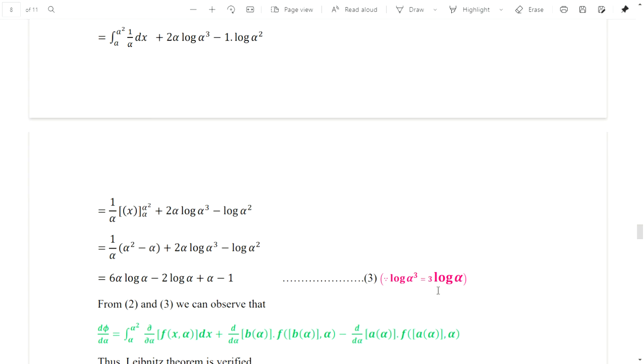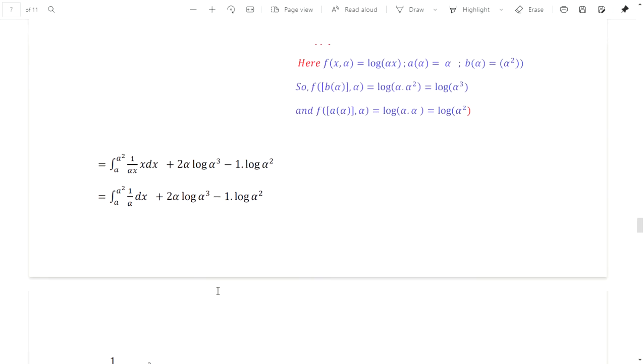So minus 1. 2 alpha log alpha cube. Log alpha cube is nothing but 3 log alpha. 3 into 2 alpha will become 6 alpha log alpha, minus log alpha squared can be written as 2 log alpha by using this formula. So we will be getting the RHS value as 6 alpha log alpha minus 2 log alpha plus alpha minus 1.